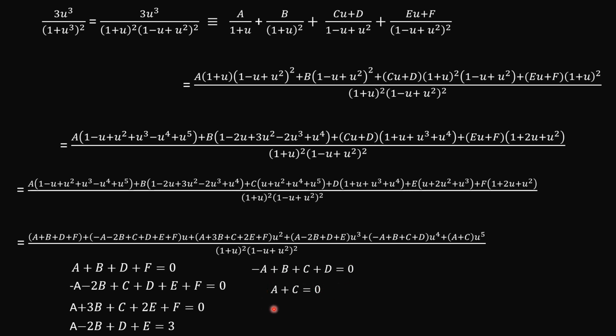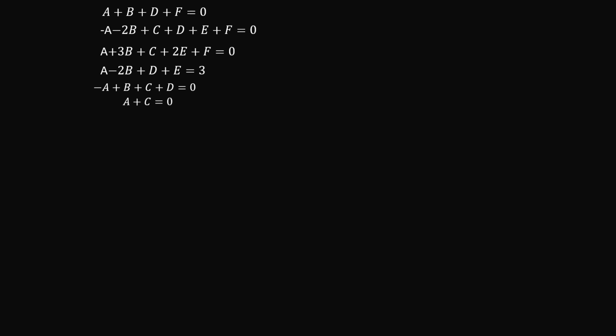So ideally, laying down the simultaneous equations appropriately as shown in the previous slide, we will take advantage of A plus C equals 0 and say, okay, let's eliminate the C term in the other equations.